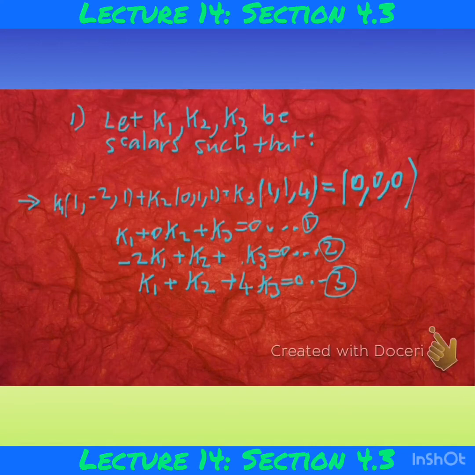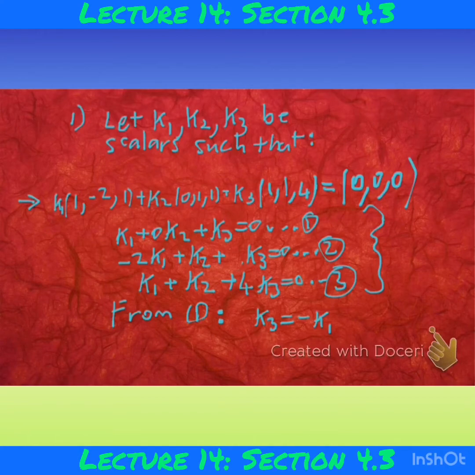And now I have to go and solve for the values K1, K2, and K3. Now, from equation 1 we can solve for K3 in terms of K1. So there we can solve for K3 as minus K1.